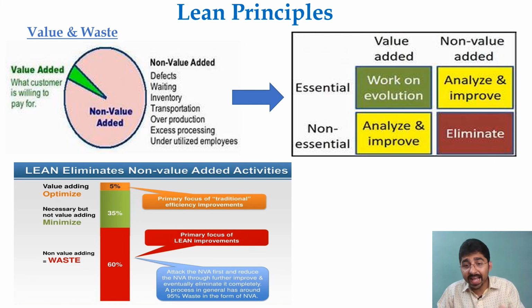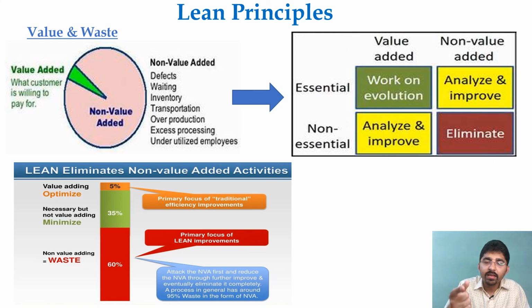The first one is essential, the second is non-essential. So I have given a matrix of 2 by 2. The activity which is value added, those are essential. So for that we need to work on the evaluation. The non-value added activity which is essential in nature needs to be analyzed and improved upon.